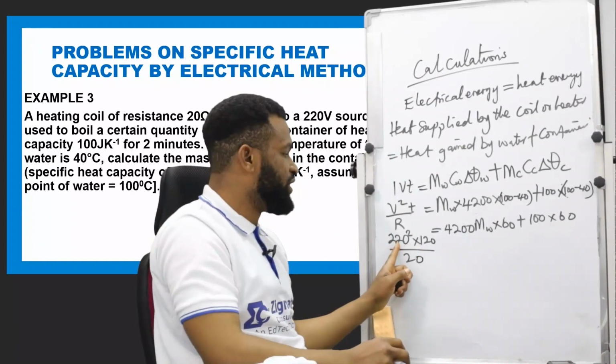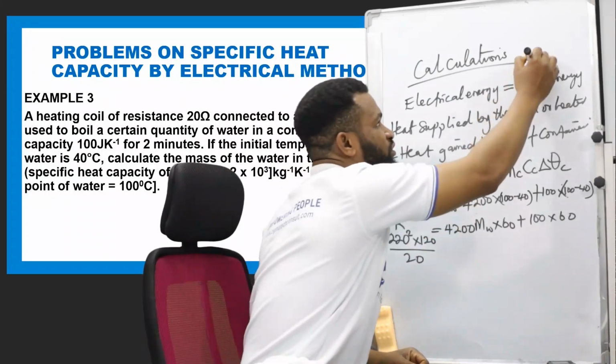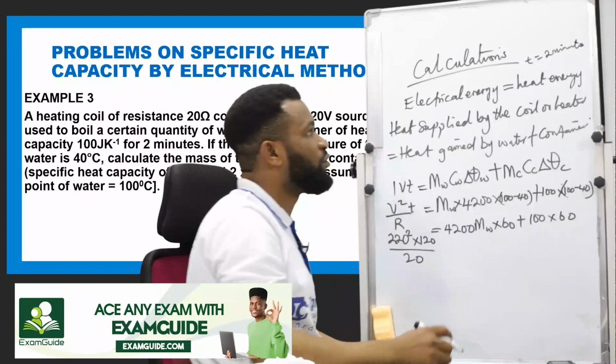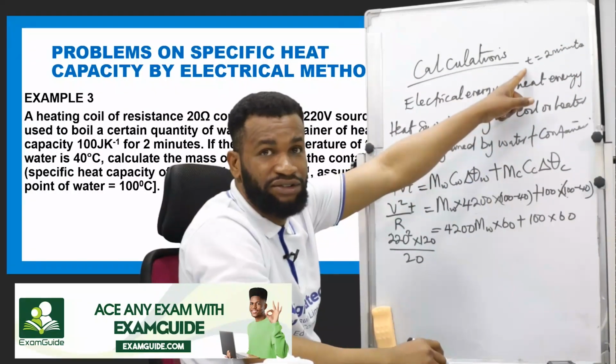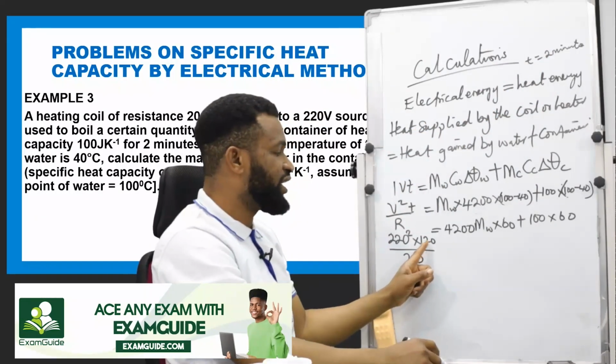Remember that this V is the voltage, and this T, the time, was given as 2 minutes. But what I have to do is convert it to seconds by multiplying it by 60. So 2 times 60 is 120, and that is why I have this.